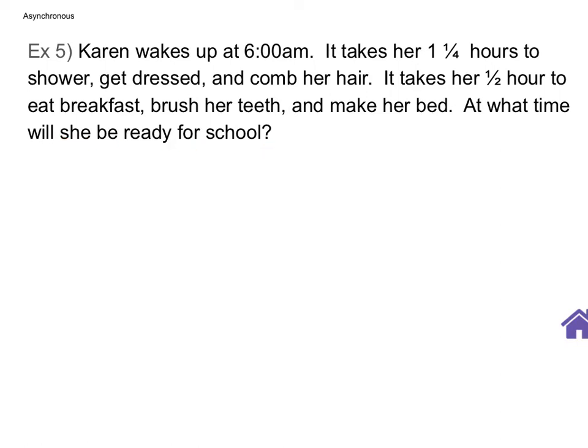Well, I'm going to go ahead and start at 6 o'clock. And it says that it takes her 1 1/4 hours. So I'm going to add 1 1/4 hours, but remember the 1 1/4 hours would be 1 hour, and then 1/4 of an hour is 25 minutes.